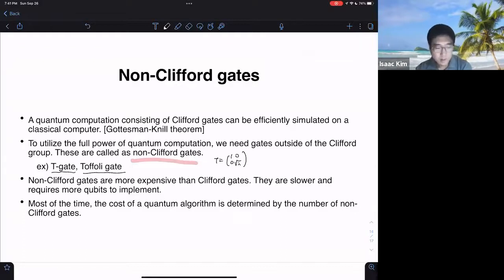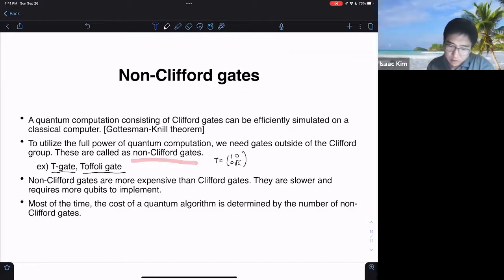And the key point is that when you read papers about quantum algorithms, many times they will talk about the non-Clifford gate cost, such as the T-gate cost or the Toffoli gate cost. This is usually the number of T-gates or Toffoli gates that you use, et cetera. And this is a good figure of merit to understand the real-world cost of quantum algorithms, because non-Clifford gates are vastly more expensive than Clifford gates.